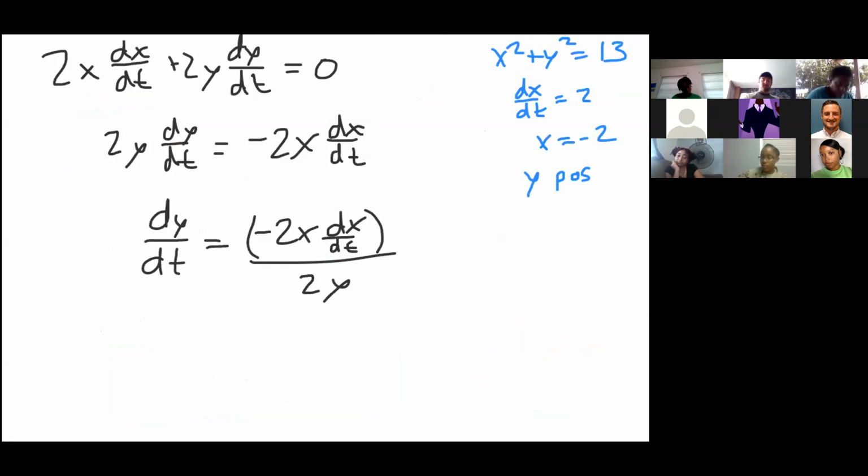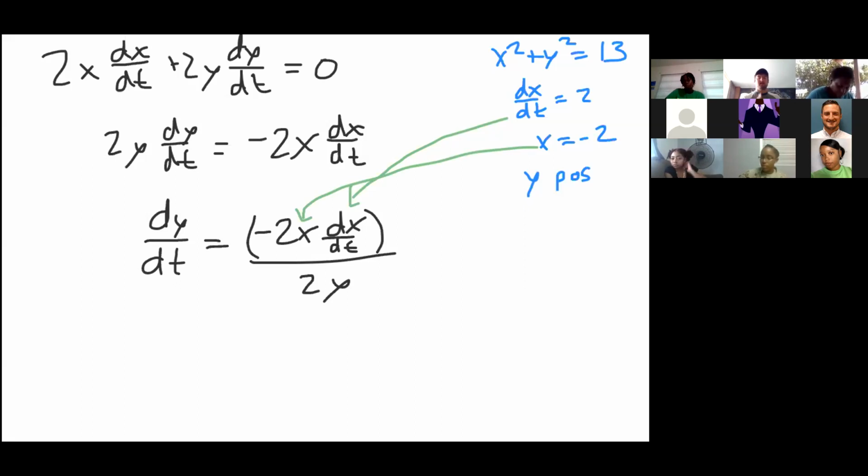So I notice I can plug in at least 2 of those values. It's not as straightforward function evaluation like we're used to seeing for polynomials or rational functions, but this is still a type of function evaluation. I know what dx over dt is. I know what x is.